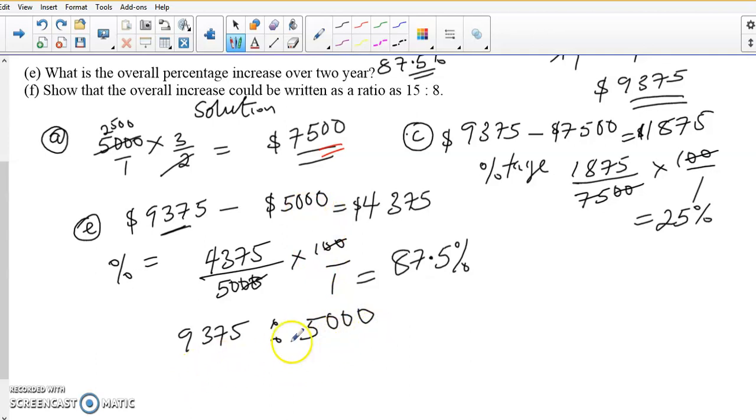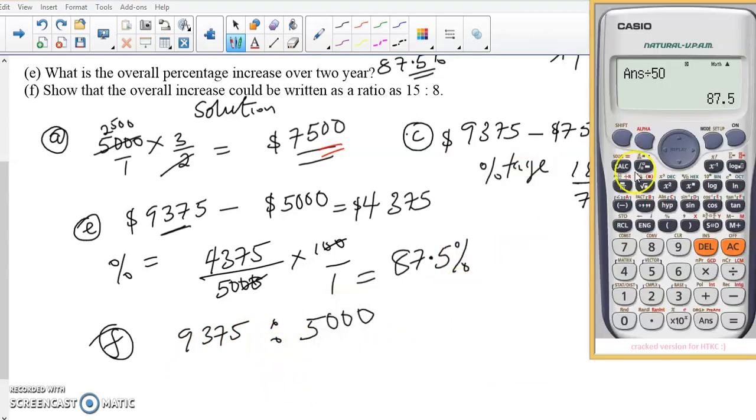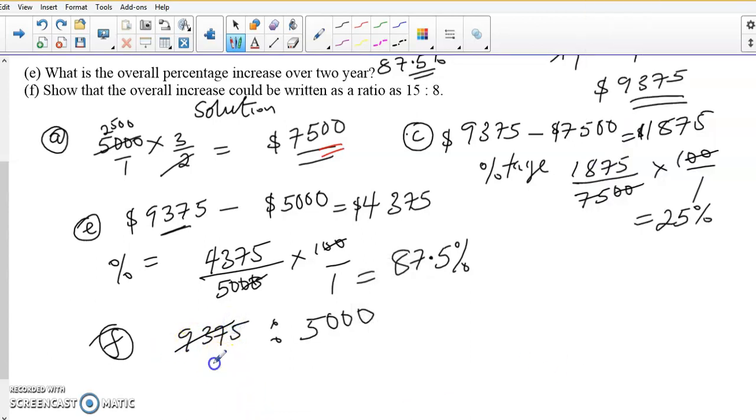So here we are going to reduce it to the lowest term. For us to reduce to the lowest term, what will I divide it with first? Let me check if I divide that with 125. 9,375 divided by 125 gives us 75.